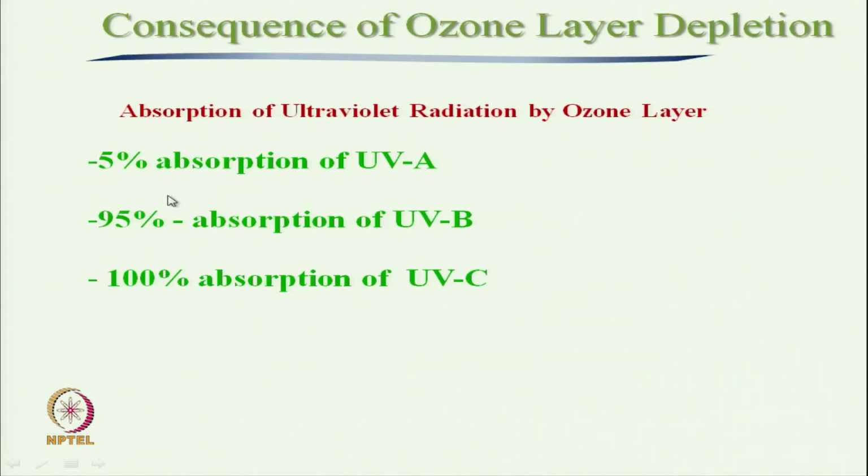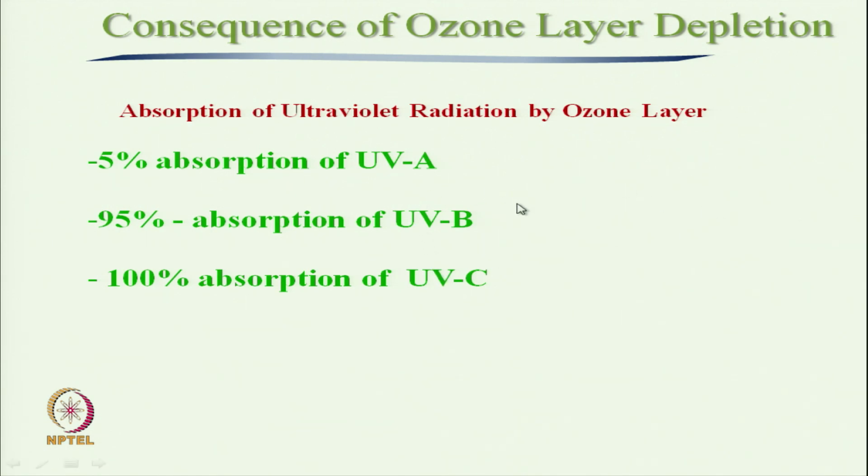So, if you see here, 5% is absorbed in UVA by the ozone layer. So, 5% of the energy is being absorbed in the ozone layer for UVA, but 95% reaches the earth surface. So, we should be careful about UVA, because the majority of the rays come to the earth surface.